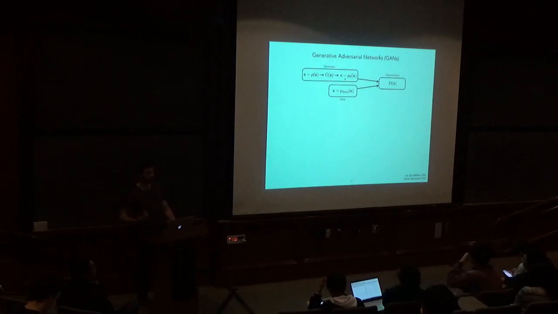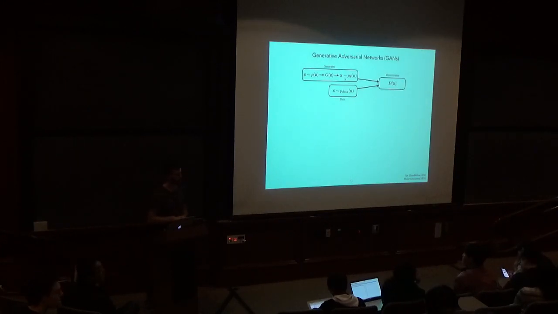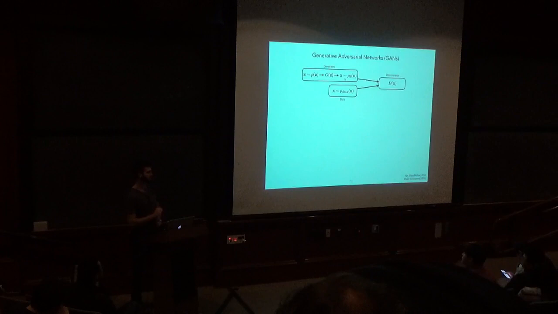So the idea is that you no longer are able to write down explicitly what the likelihood function is for this model, because it's just defined in terms of the stochastic mapping from z to x. But if you had 100 for loops and you tried all possible z's, would you then get the distribution of x? Yes, but you wouldn't be able to write it down in an explicit form.